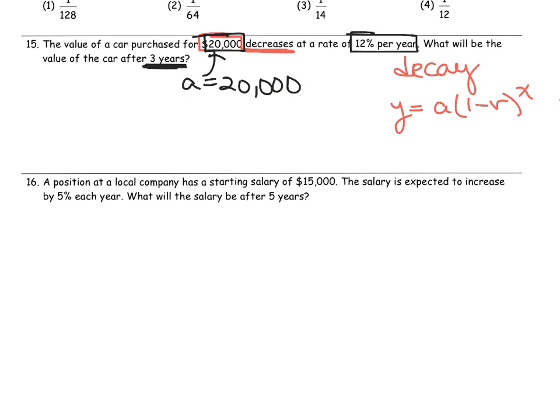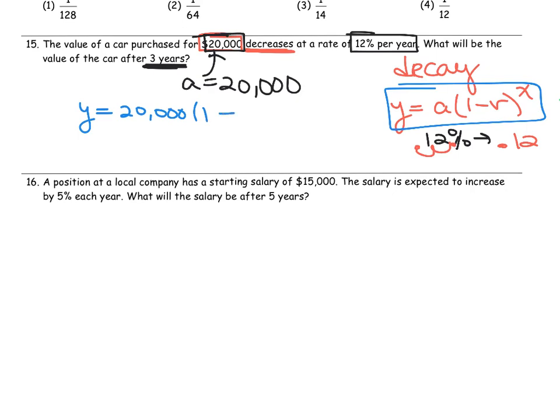So how can I rewrite 12% as a rate as a decimal? Again, we move that decimal place to the left twice, which is equivalent to 0.12. So when I plug into my formula here, I have y equals 20,000 for a times 1 minus 0.12 to the x. And now we know what x is.